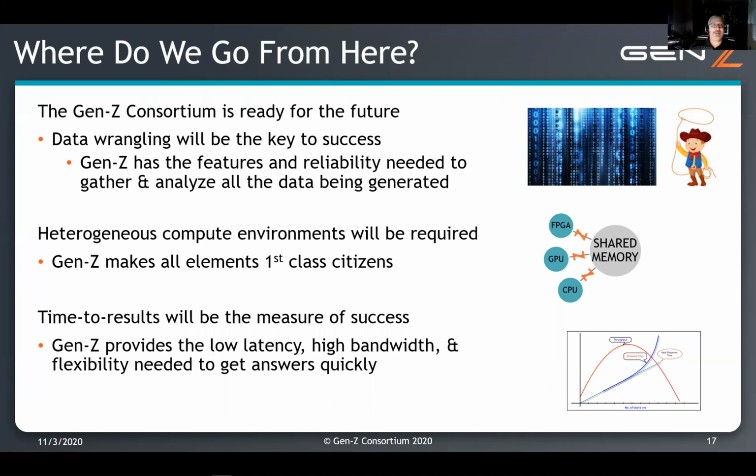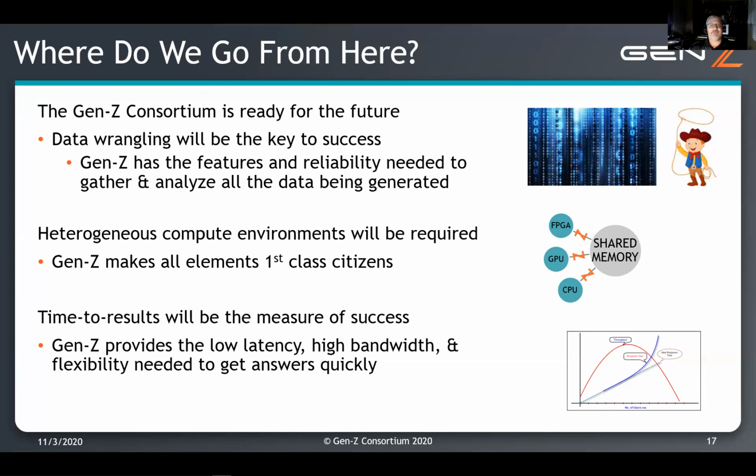With that, we need to make quick use of that data to get to our insights. Gen Z helps you do that by putting the storage, the memory, the persistent memory where you need it, and then allowing compute to come to that area to do all the data analysis that's needed.